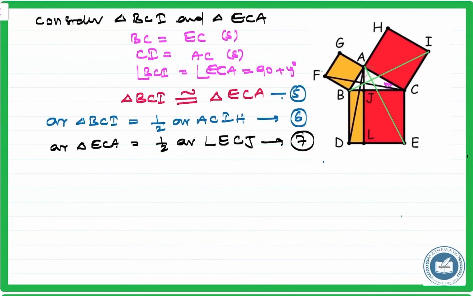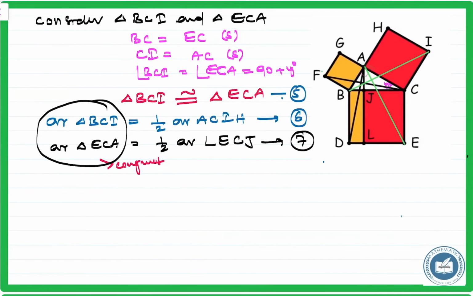Now you already know from 5 that the area of BCI is equal to the area of ECA, because these two triangles are congruent. Congruent triangles have equal area.